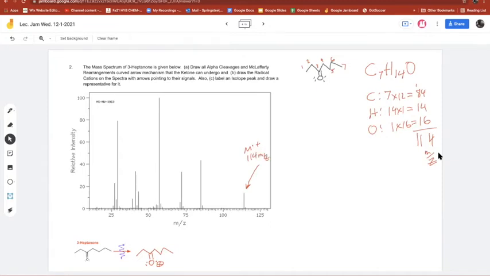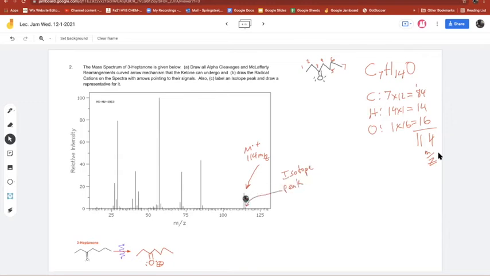And then there's the isotope peak. It's likely like carbon 13 right there, right?